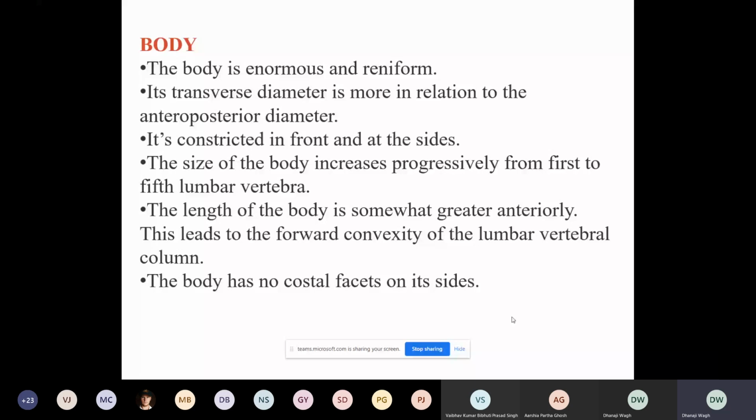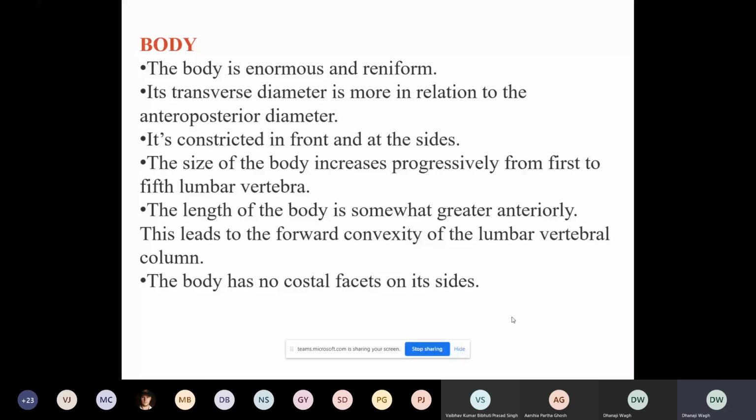The length of the body is somewhat greater anteriorly, and because of this, the convexity of the lumbar vertebral column is present. The body has no costal facet on its sides. So this is the main point, by which you can differentiate the lumbar vertebra from the thoracic vertebra.